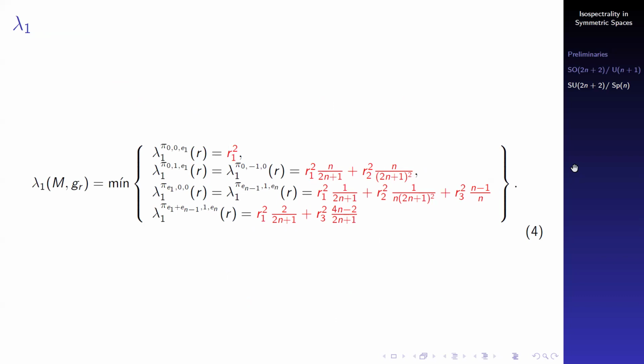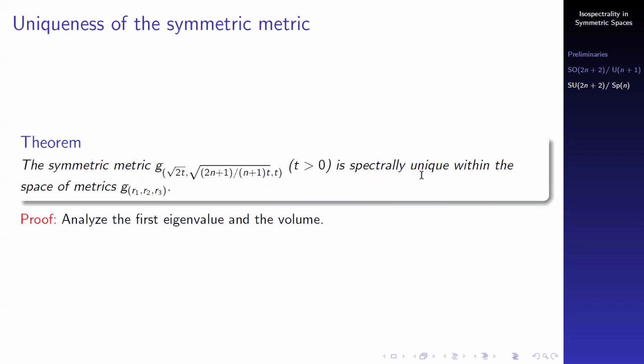So the next question that we try to solve is whether there is uniqueness within that family or not. And we couldn't prove that in general for two arbitrary metrics, but what we proved was uniqueness for the symmetric metric.